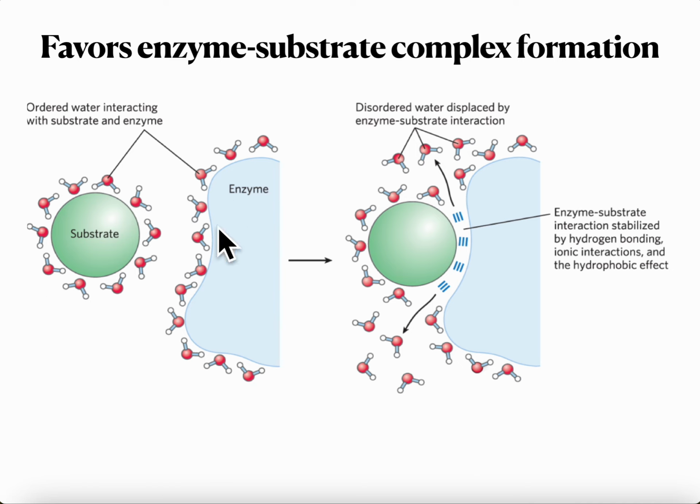But when a substrate and enzyme interact with each other, they displace a certain amount of water molecules that were interacting with them, causing them to be free and disordered, thus increasing the entropy of the system. Because nature favors an increasing entropy, this enzyme-substrate complex formation is also favored.